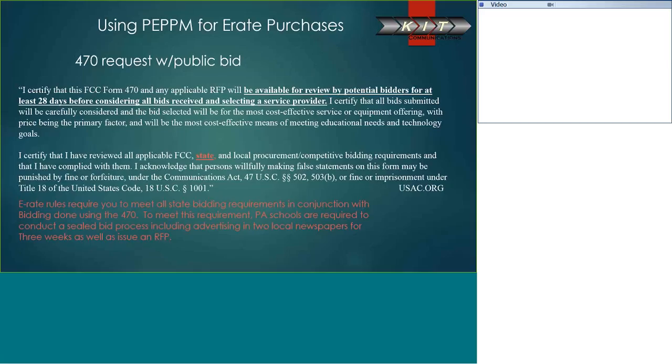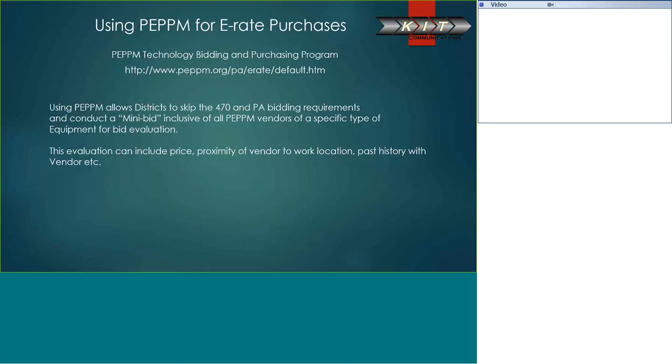So there's a lot of things that go into that you'll have to do before you can actually get your bid submitted for your funding request. And on top of that, you're pretty much stuck with the low bidder. So you don't have a lot of control with this on top of all the work that you put into it.